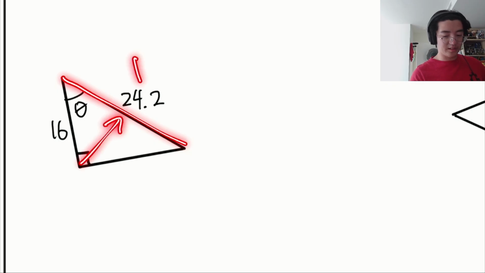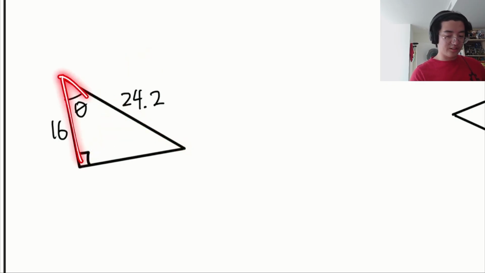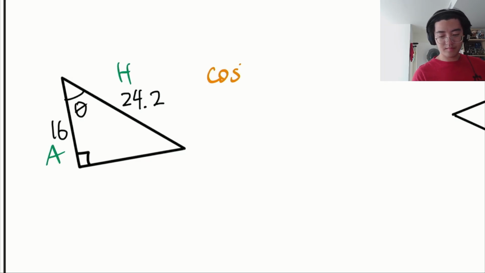This is across from the right angle. This is adjacent. So we use cosine, because that's adjacent and hypotenuse.